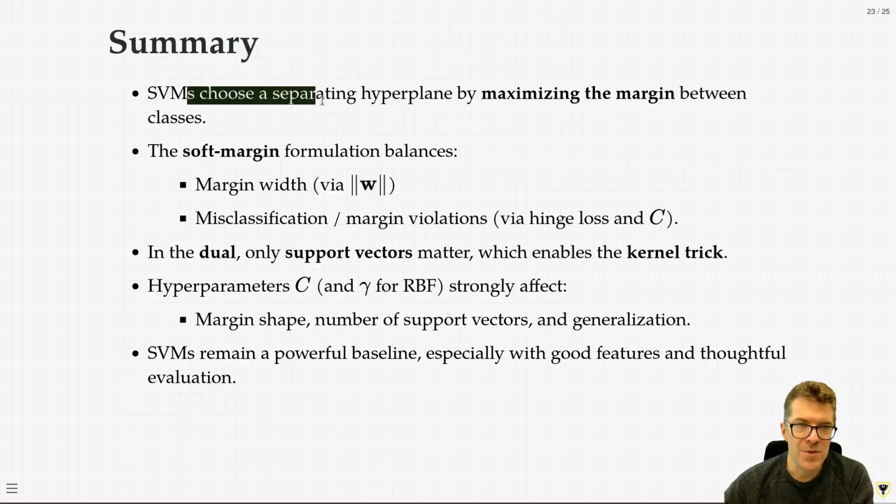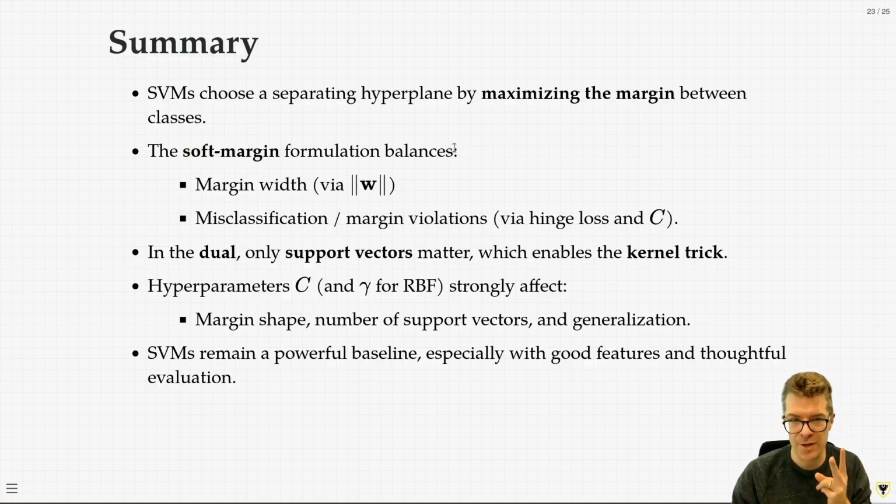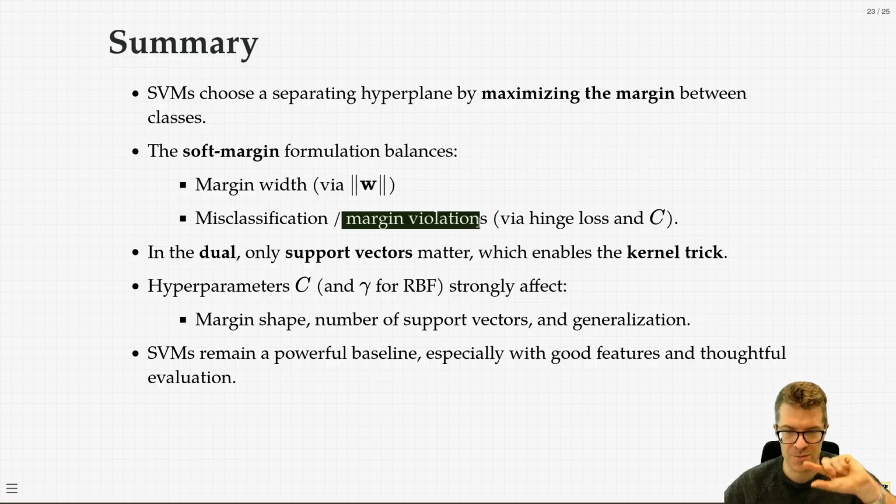In summary, SVMs choose a separating hyperplane by maximizing the margin between classes. The soft margin balances two things. It balances the margin width, which we want to be as big as possible, and we do that by minimizing the norm of W. It balances that with the misclassification loss. These are violations of the margin, where points are on the wrong side of the margin.